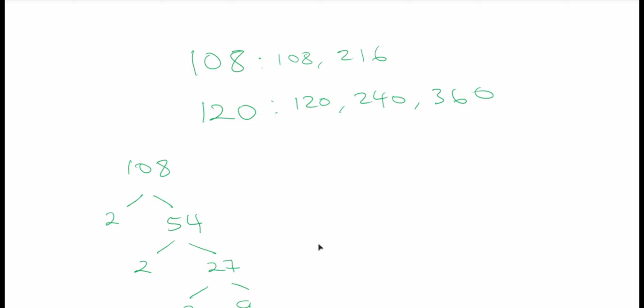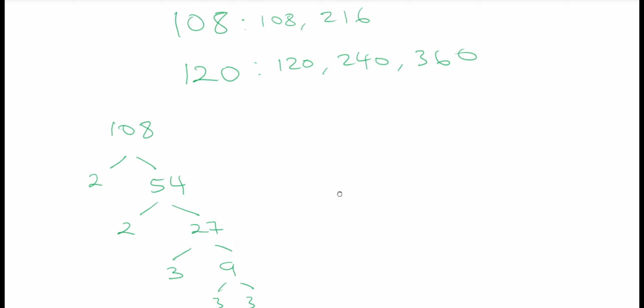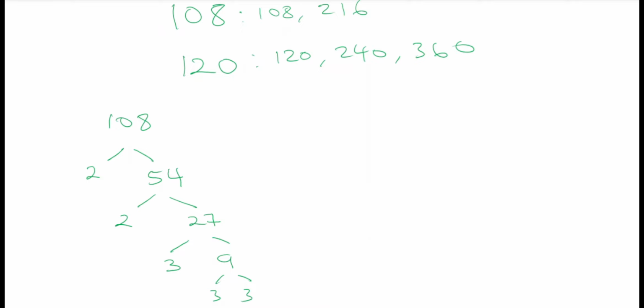So there I have all my prime factors. Let me circle them for them to stand out. Okay, and if I want to check, I can do 3 times 3, 9, 9 times 3, 27, 27 times 2, 54, 54 times 2, 108.